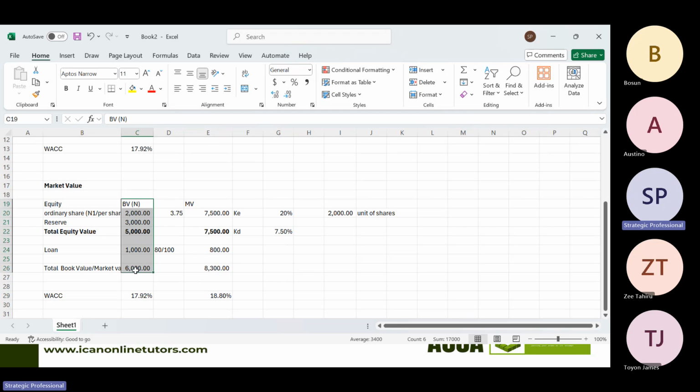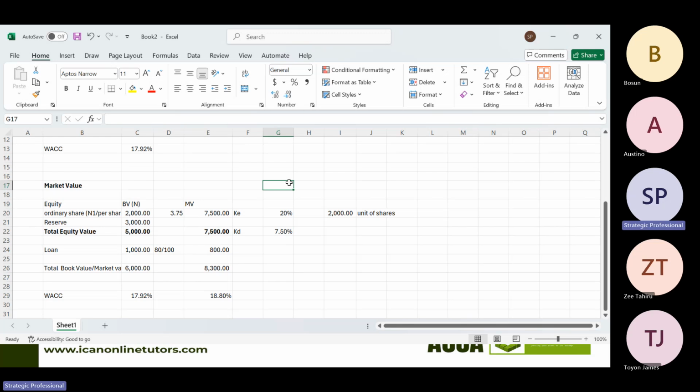Some questions come from book value, but most times it's usually the market value, because it actually reflects the current realities of your source of finance pricing. So most times the market value is mostly used for the computation of the weighted average cost of capital.